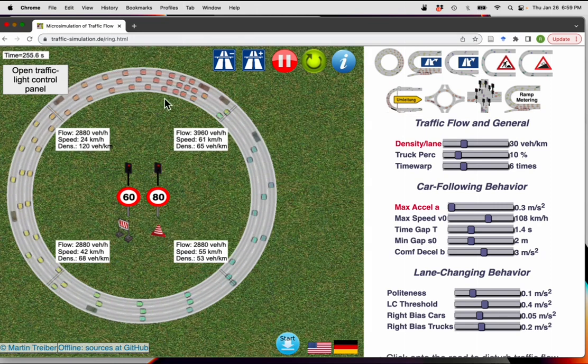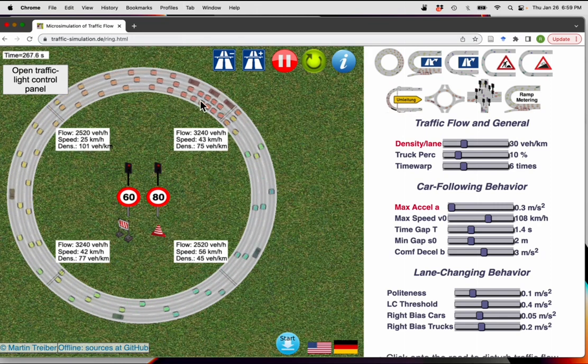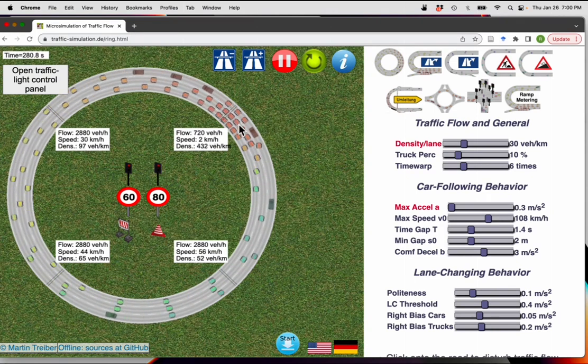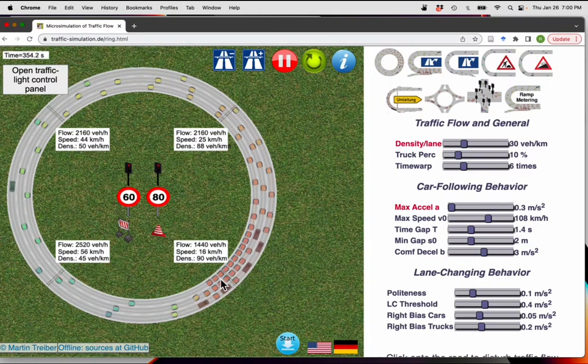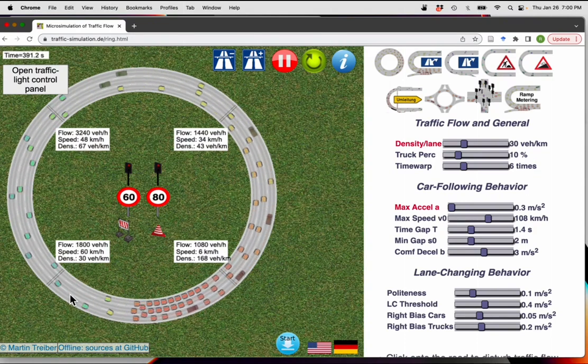And if you watch it for a while, what you see is this almost a discontinuity in the density between fairly spread out cars that are moving quickly and much denser cars that are hardly moving at all. This is a shock wave that's propagating backwards through the traffic as more cars join the end of the traffic jam.